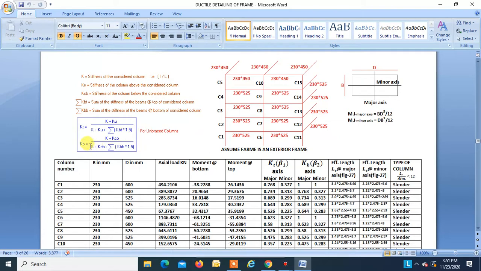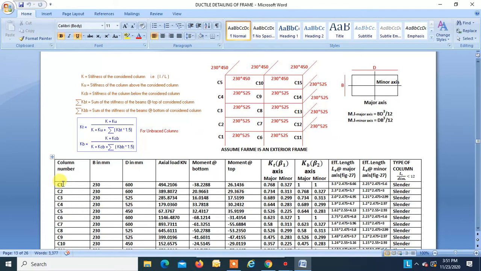Similarly for Kb, K is the stiffness of the considered column, Kcb is the stiffness of the column below, and sigma Kbb is the stiffness of the beams falling at the bottom joint. This is how we find Kt and Kb.